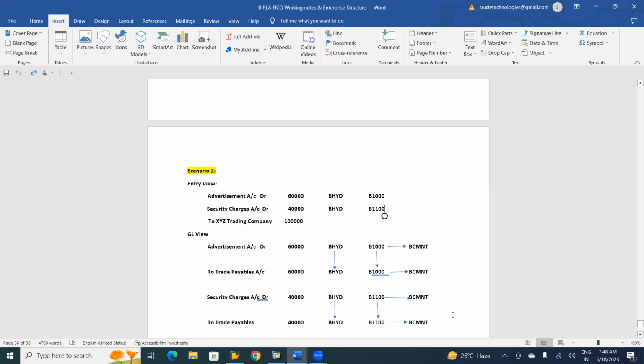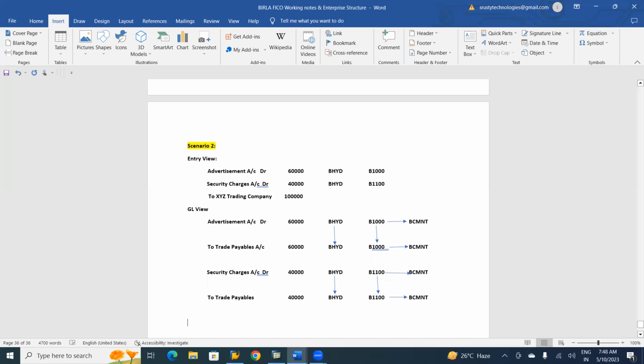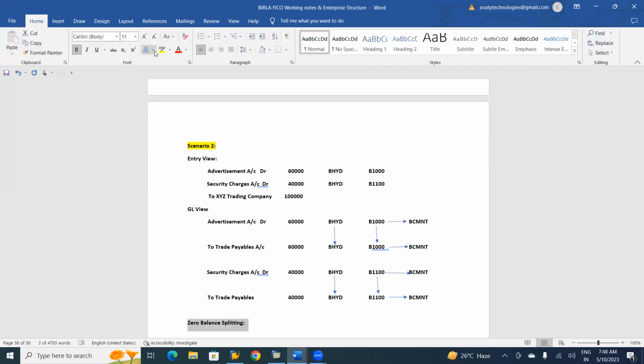So for example, I'll show you what it means. Zero balance splitting. I'll write scenario 1.